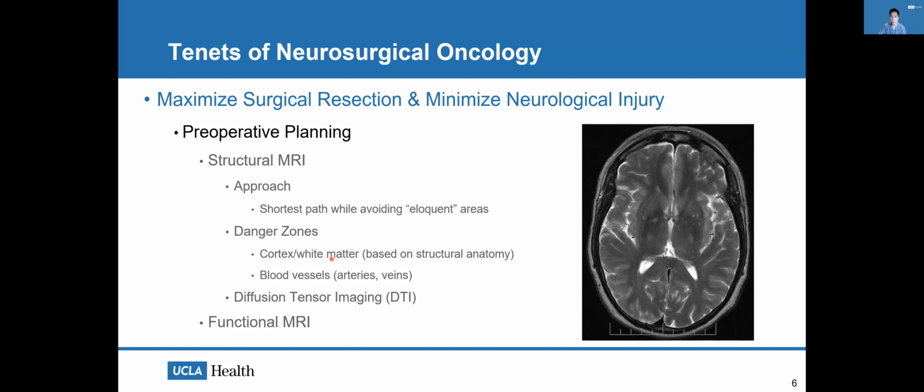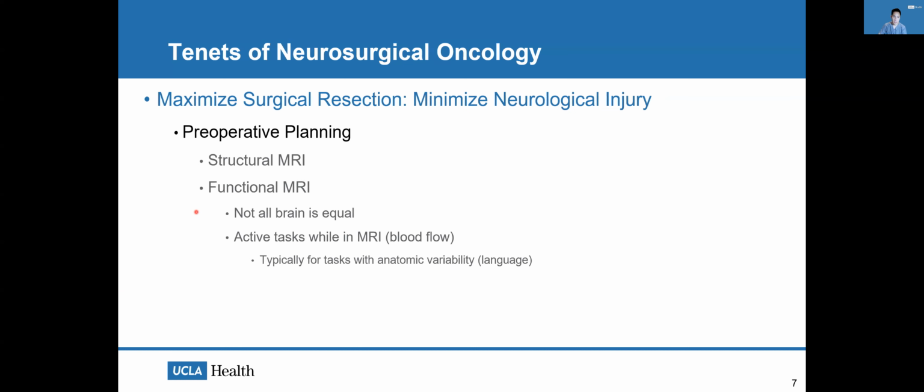In addition to that, functional MRI is of utmost importance because this helps delineate areas that are important that structural MRI might not show based on pictures alone, and that have certain interpatient variability. Not all brain is equal. So when we want to see where different areas of the brain that are less stereotypically represented in people are, for example, language, there's a lot of interpatient variability as far as how language is represented in the brain.